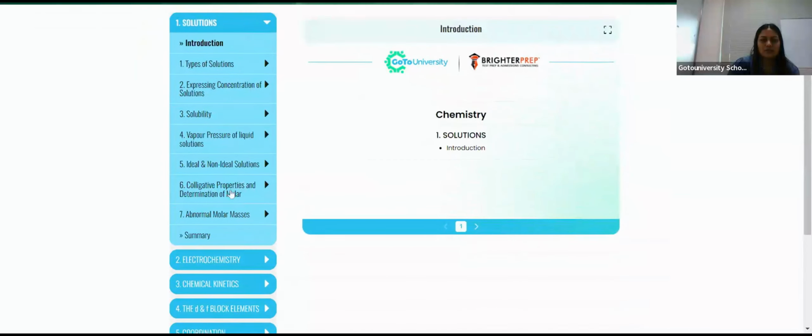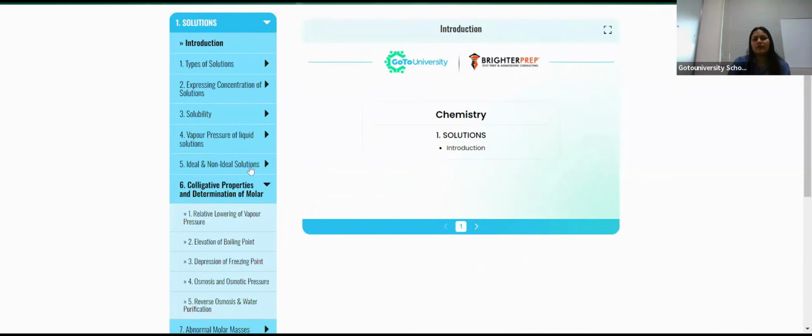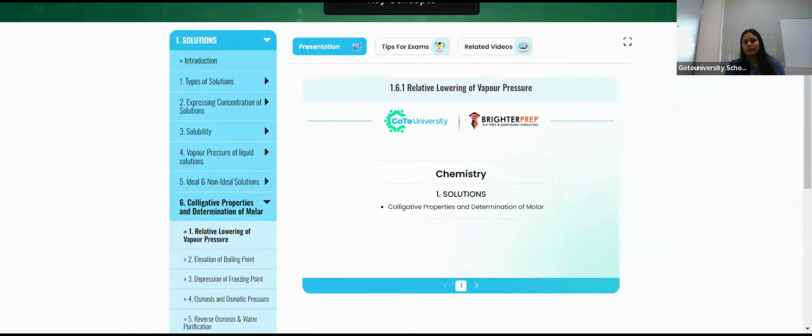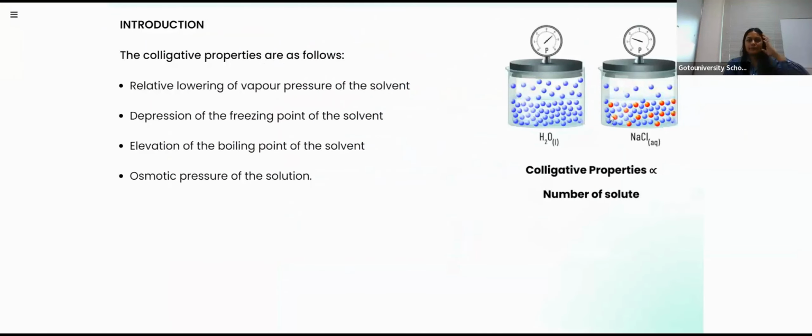So let us quickly review what we have done today. We have done the very important topic, colligative properties. Before starting colligative properties, we discussed Raoult's law in our first class, and vapor pressure.